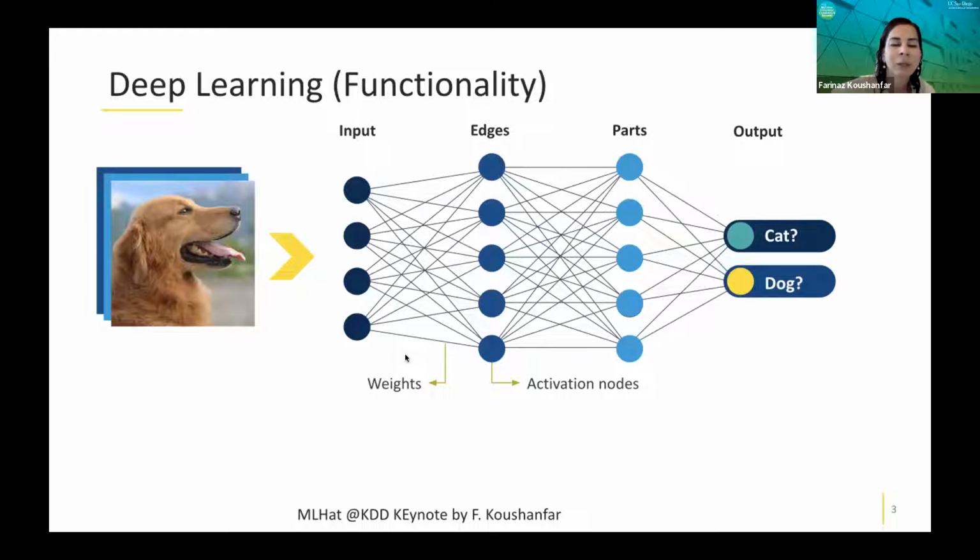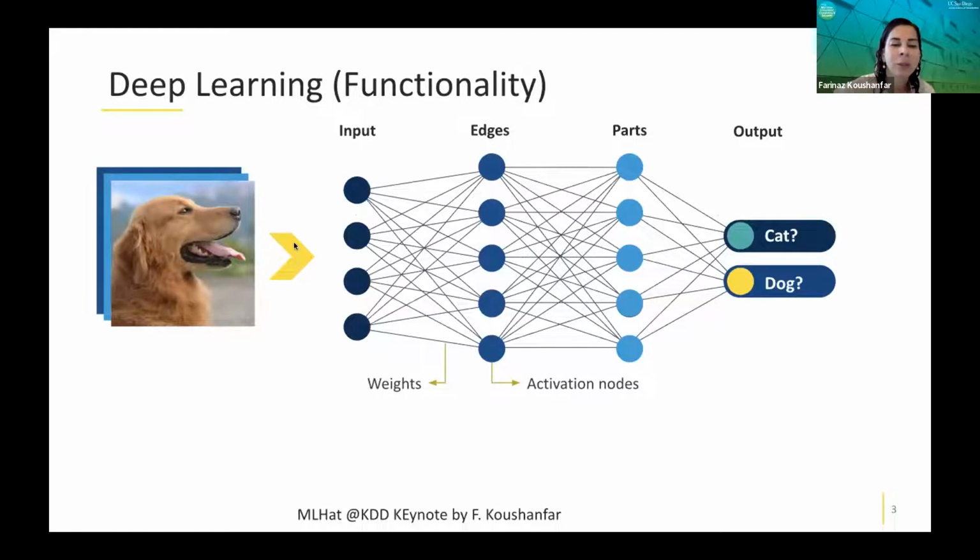Each of the edges has a weight associated with it, and the nodes are called activations, and they have values associated with them.